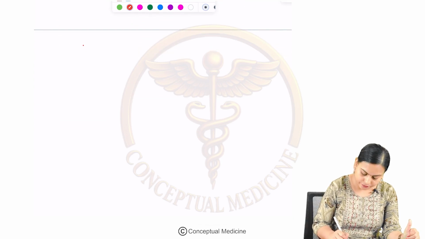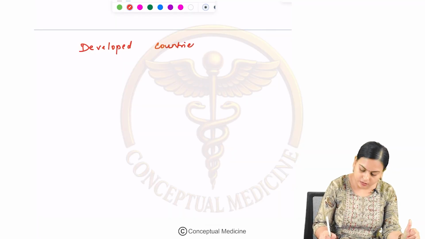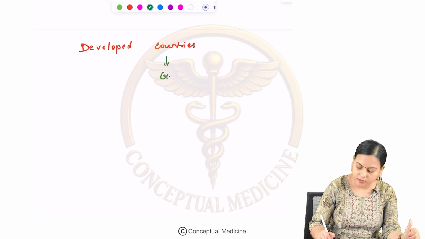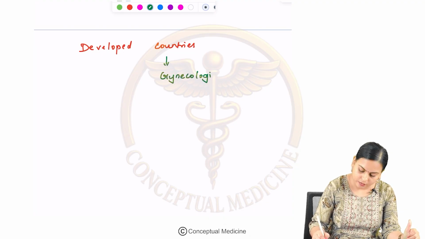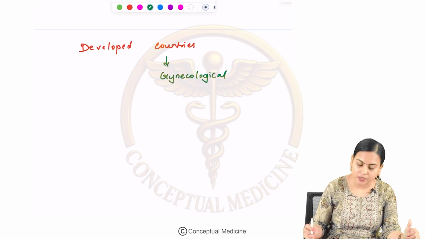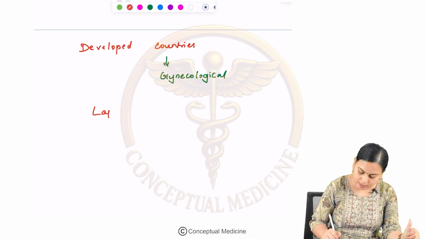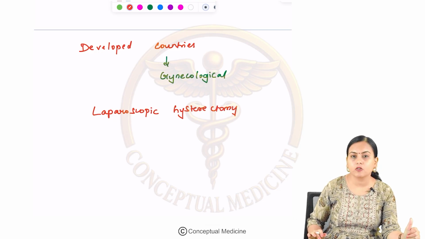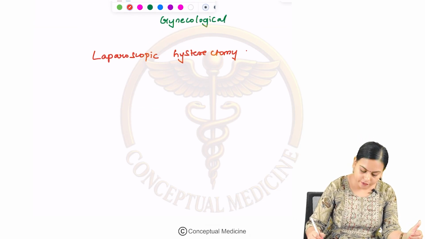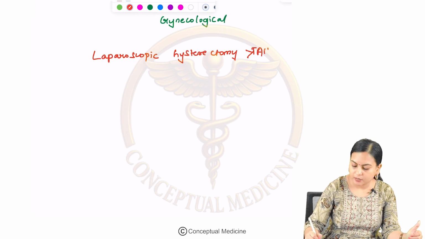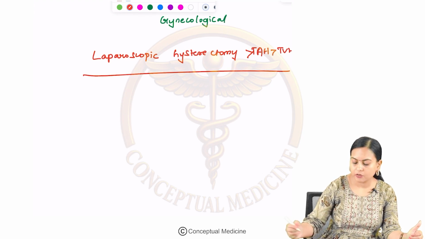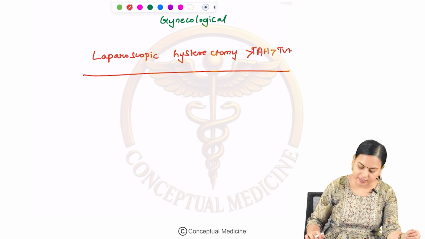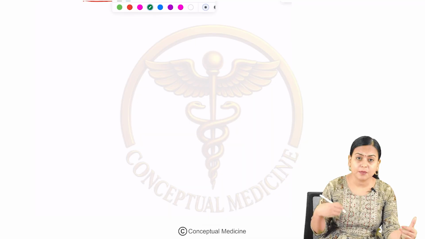Whereas in developed countries, gynecological causes are the main causes for fistula, and laparoscopic hysterectomy is the most common cause of fistula, which will be followed by the abdominal and then vaginal route. Clear? Right.